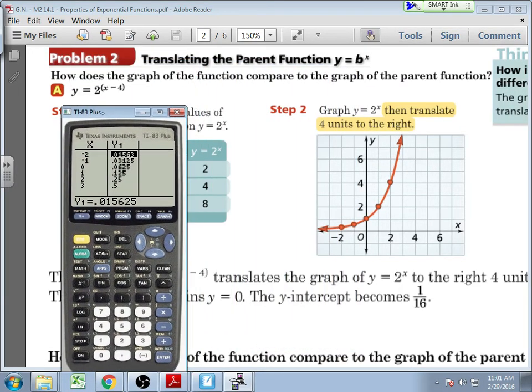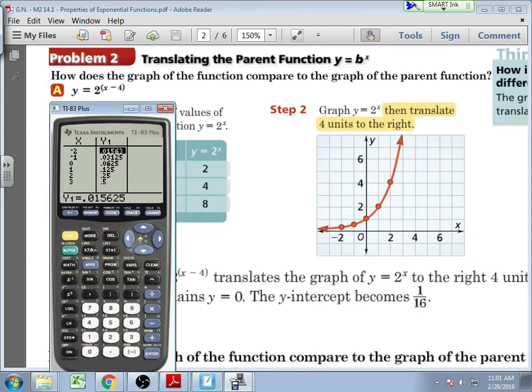If we don't know what that fraction is, do the math manually. This just relates to if I plugged in -2 up here. Well, -2 minus 4, so this would be 2 to the -2 minus 4, or 2 to the -6. Remember what the negative exponent tells me to do?